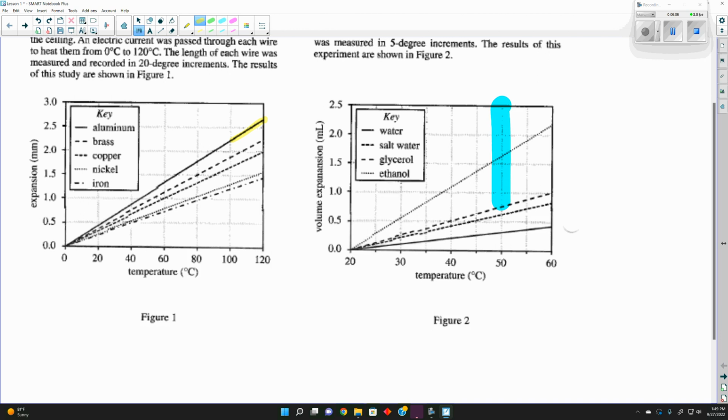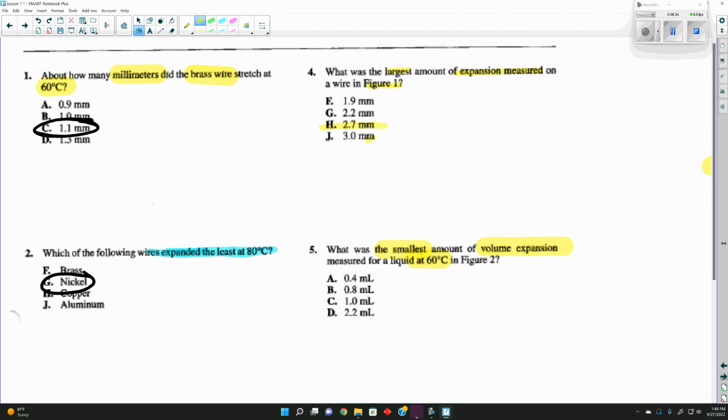Water. So we're looking at 60 degrees Celsius. This is the smallest one, yes? And the only one that's below 0.5 is 0.4.